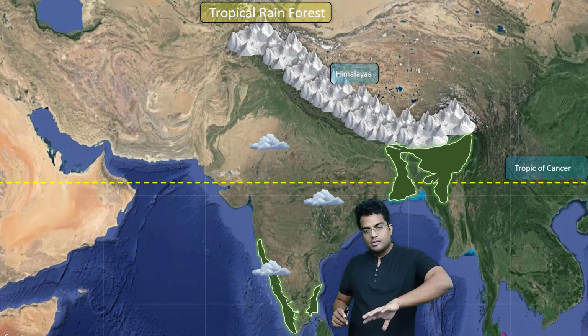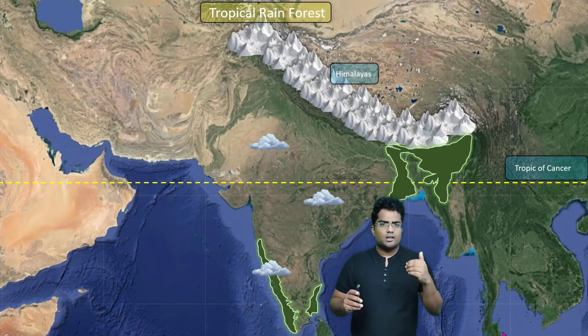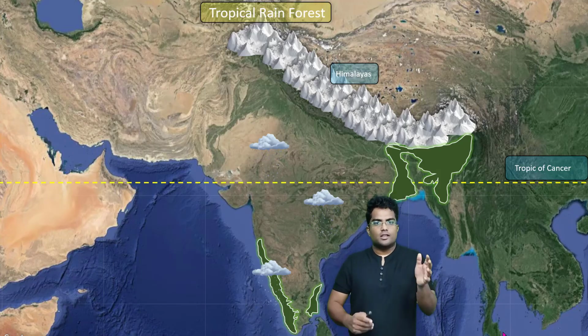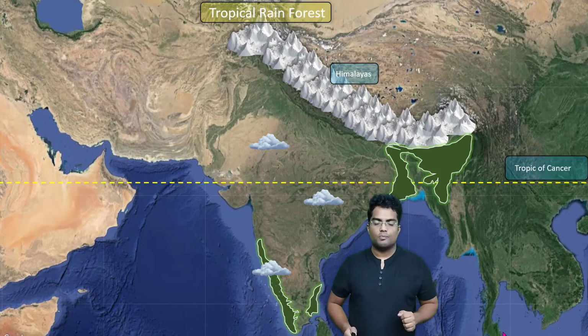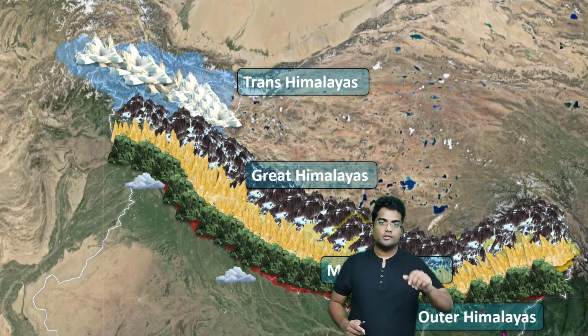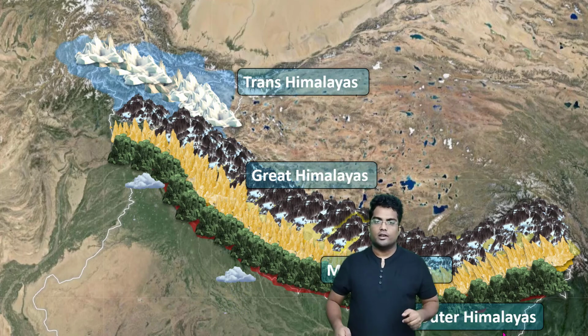But as they move on to parts of India, let's say Madhya Pradesh, Orissa, Maharashtra, they slowly release their moisture as rainfall. Now they reach parts of the Himalayas. They bring abundant rainfall in parts of the Himalayas, let's say Himachal Pradesh and the adjoining areas.